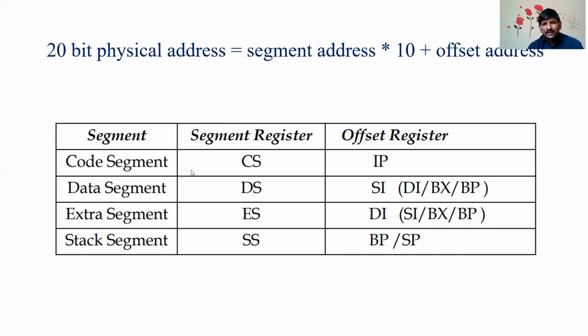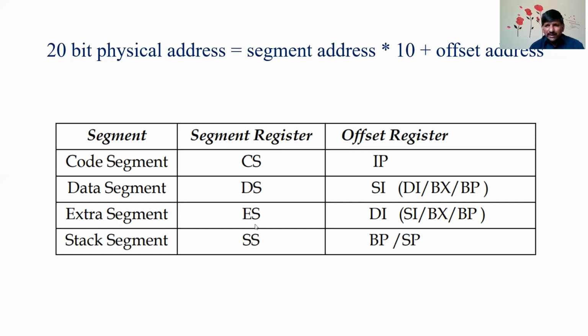If you want to access an instruction, that segment address is available in the code segment register, and the corresponding offset is available in the instruction pointer. If you want to access data, that data segment address is available in the data segment register. Offset may be available in source index, destination index, base register, base pointer.